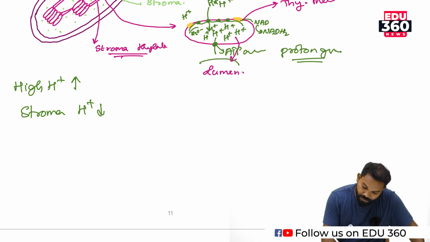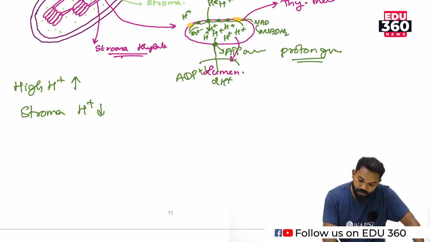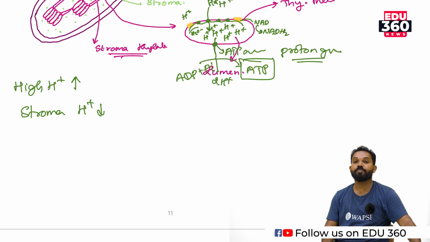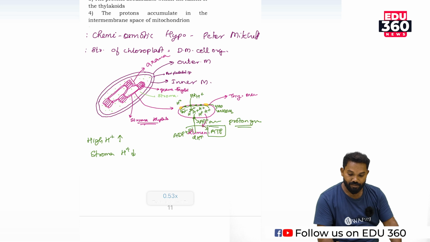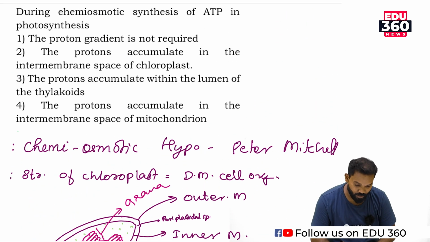During this transportation of H plus ions, ADP plus inorganic phosphate is converted to form ATP. That means ATP synthesis takes place within the stroma region. This is explained by the chemiosmotic hypothesis by Peter Mitchell.